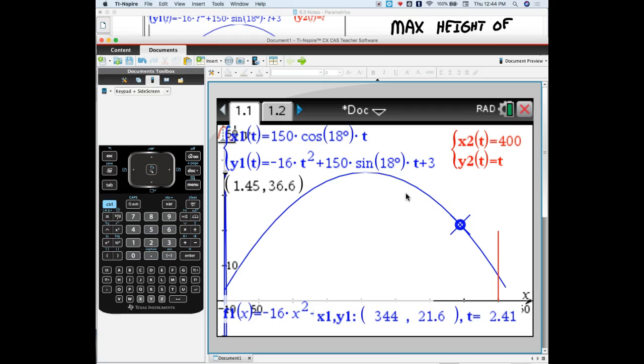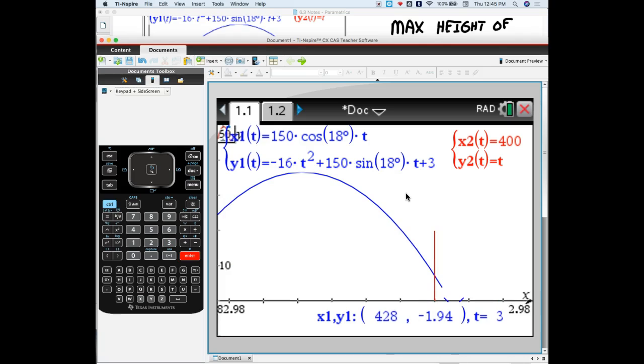Okay. And in my trace, I can ask the calculator certain questions. Like right now I'm at 2.41 seconds. I can say, what about at 3 seconds? And I just hit 3, and it will go to where it is at 3 seconds. If I hit 1, it will go to where it is at 1 second. If I type t, it will go to where it is at t seconds.